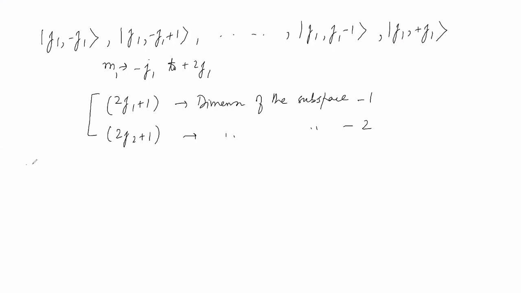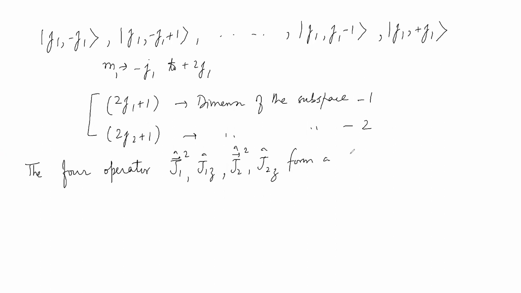Therefore I am going to write that the four operators J1 square, J1Z, J2 square, J2Z form a complete set of commuting operators, because J1 square commutes with J1Z, J2 square commutes with J2Z, and 1 and 2 are entirely two different subspaces.